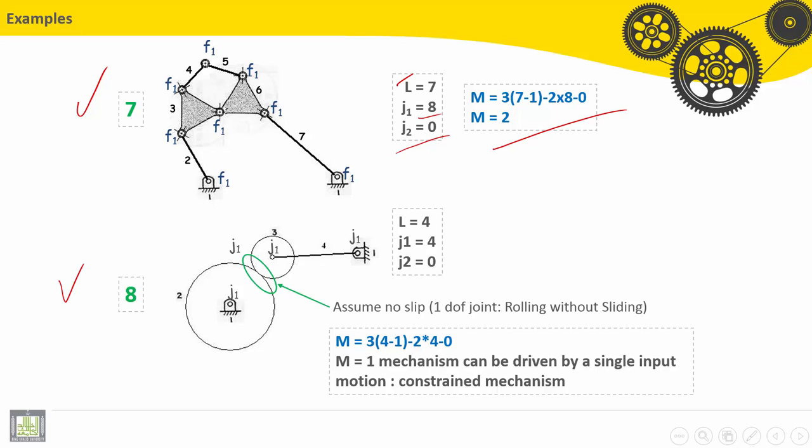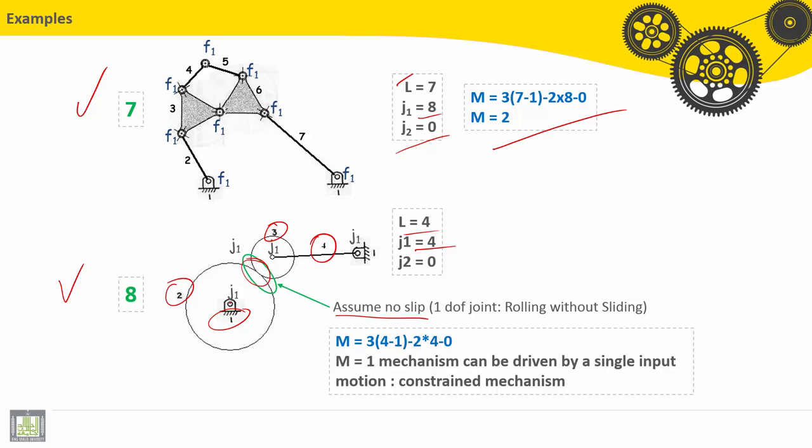Number 8, we have to assume here no slipping in this region. So number of links is equal 4, include the ground. 1, 2, 3, and 4. Lower pair joints, we have 4.